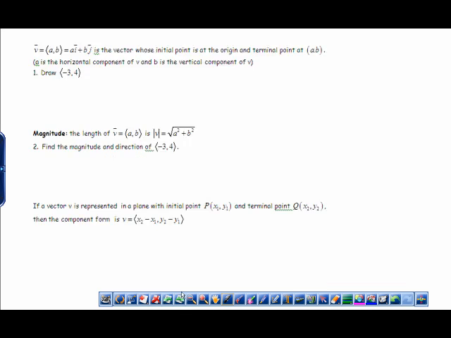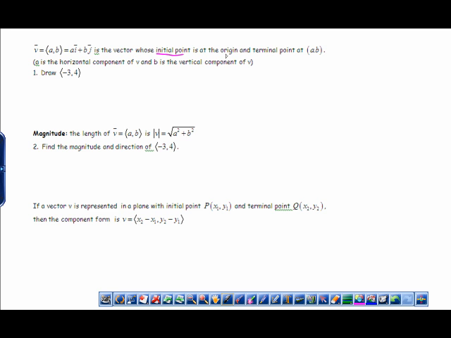This is very important to simplify things for us because vectors have a horizontal and vertical component. You can think of vectors in terms of magnitude and direction. You can also think of vectors in terms of their horizontal and vertical components.